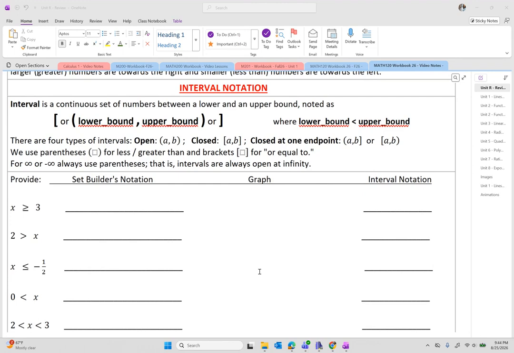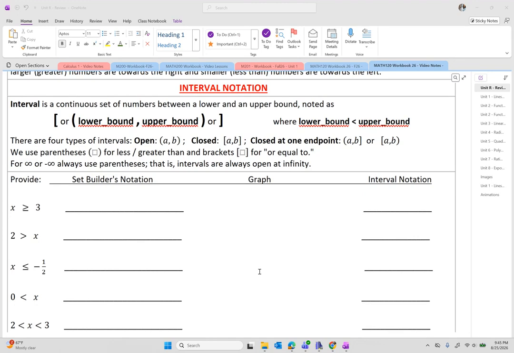And there are 4 types of intervals: open interval, where we have parentheses on both ends, and that indicates that we are not equal to the lower or the upper bound; a closed interval, where we have brackets on both ends. This indicates that we are equal to the lower bound and equal to the upper bound; or a closed interval at one of the endpoints and open at the other endpoint.